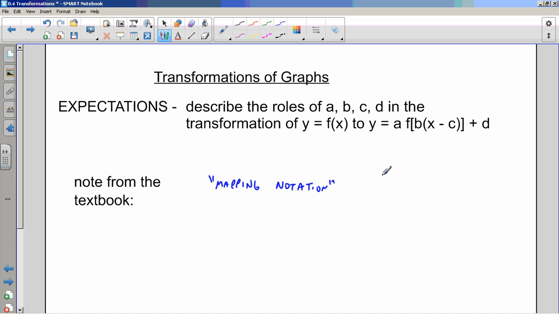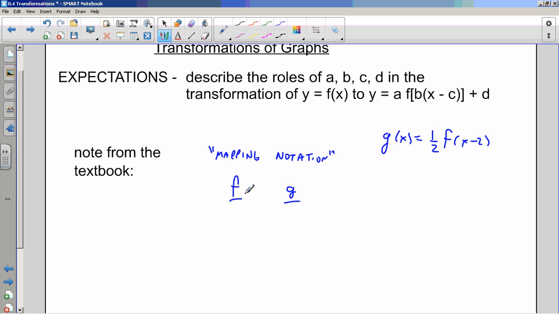The idea is, if we have g at x equals a half f at x minus 2, from the 3-minute review again, then we're thinking of a pattern, a formula to get from f to g. If I have a point x, y that's on f, where does it end up on g?